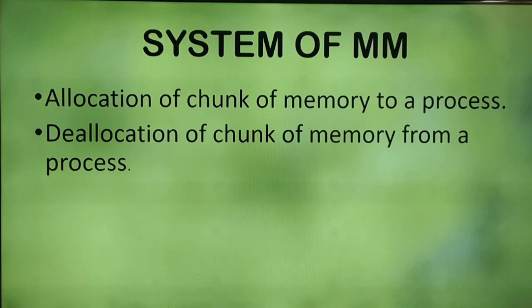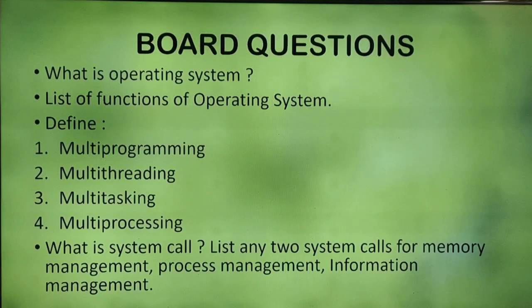But before we sign off for this lecture, let's focus on board exam questions. What is an operating system? List the functions of an operating system. Define multiprogramming, multithreading, multitasking, multiprocessing.